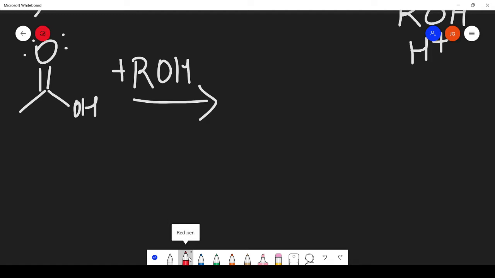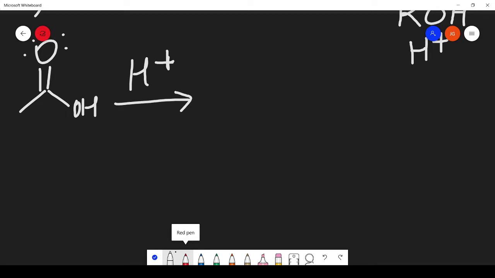So our first step is actually going to involve the H+. What we're going to do here is have one of these lone pairs on the oxygen grab this positively charged H+.